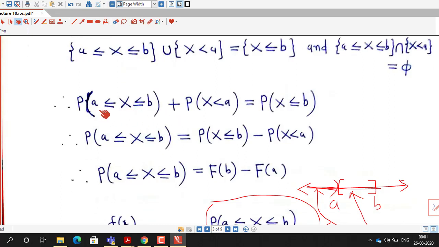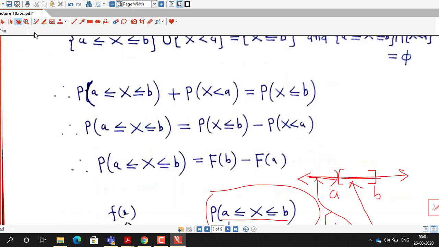So the probability that A less than or equal to X less than or equal to B equals the probability that X is less than or equal to B minus the probability that X is less than A, and this is nothing but capital F of B minus capital F of A, because we know that the probability that capital X equals A is always 0.